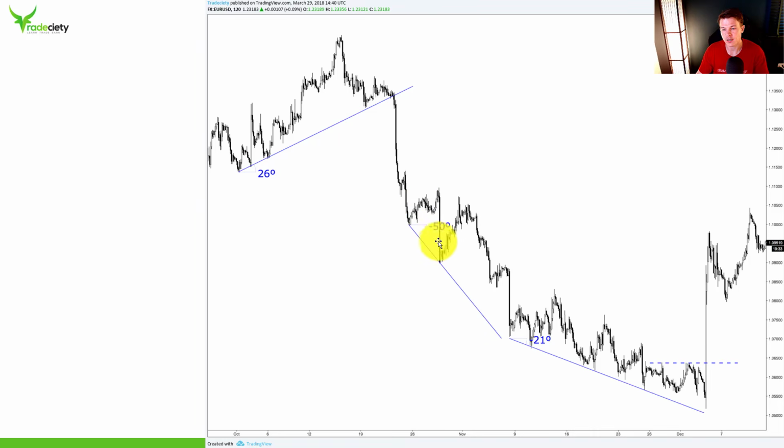You can see the price was breaking lower very quickly, and then here in the second half of the trend, the market was very weak and the trend angle has declined quite significantly. This can often foreshadow a potential end of a trend, and often even a reversal once the other criteria are met that we have discovered, and those are highs and lows and breakouts out of those structures.